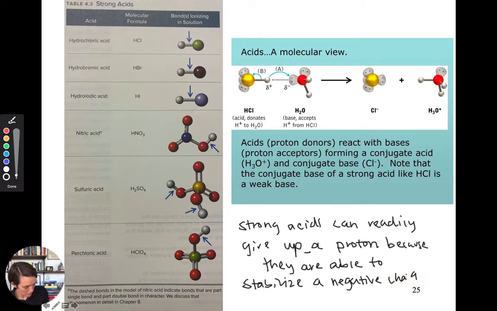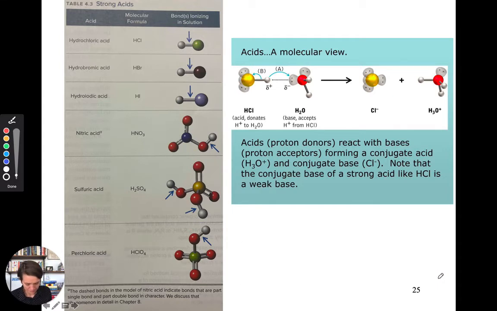And we've already kind of seen this with the polyatomic ions. We know that we see them all the time in their ionic form. Now we just have this deeper appreciation that it's because they can readily give up this proton.